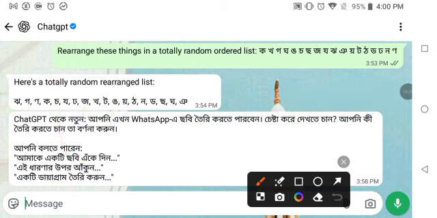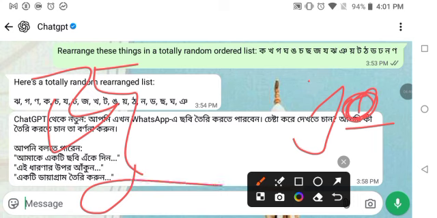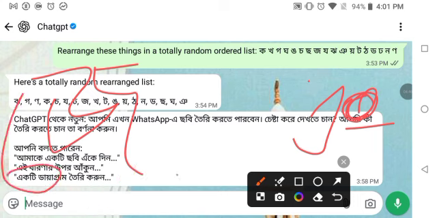Next is this, jaw, usual jaw actually. Jaw, jo, je, ja, ji, ju, jo, joy, and jo.